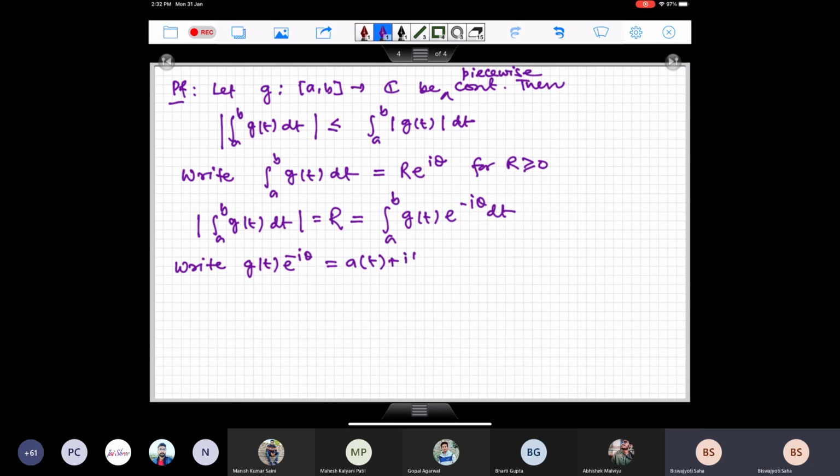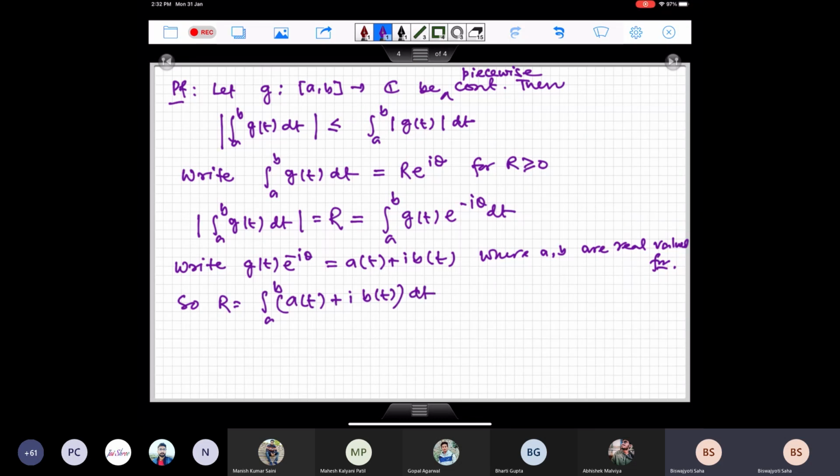So let us say a(t) + i b(t), where a, b are real valued functions. Okay, so I have this. So what do we get? So r is the integral from a to b of (a(t) + i b(t)) dt. So this is what is my r.